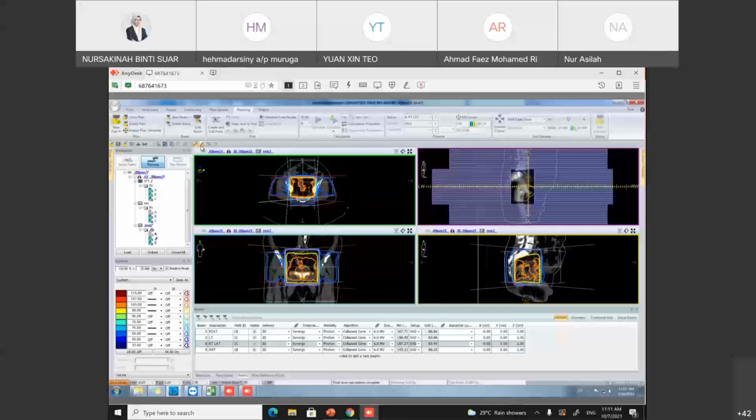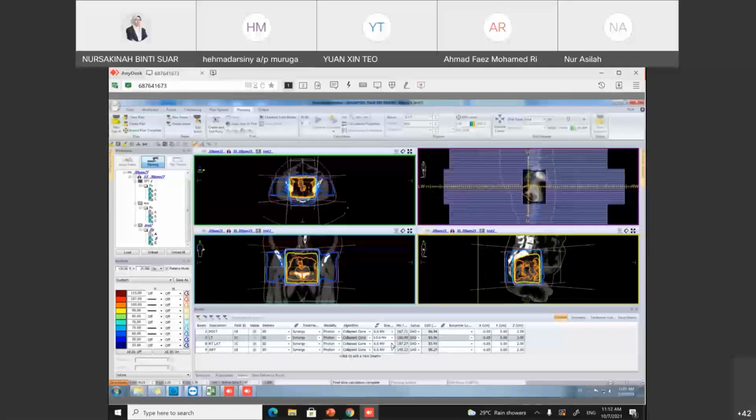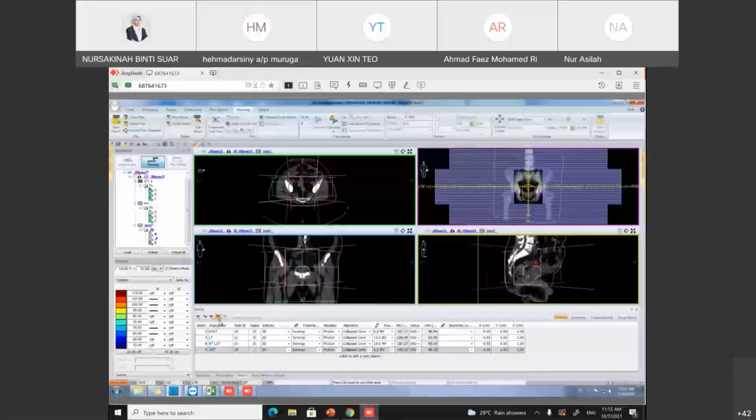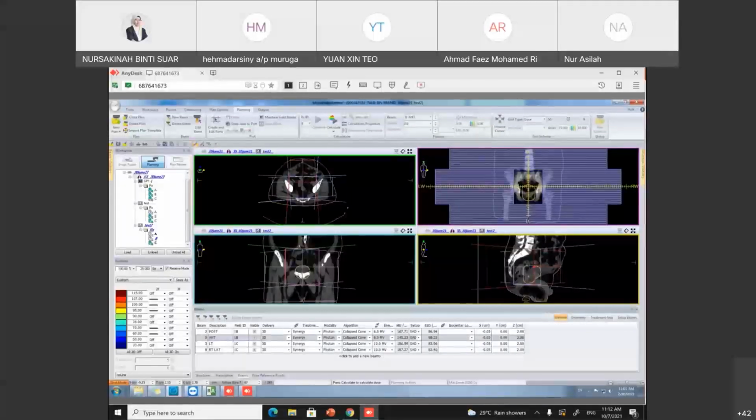It's definitely bigger than the anterior posterior separation. So let's see, when I change the lateral beam to 10 MV, my 60% will go off. Now my beam is anterior posterior 6 MV and lateral beam 10 MV. Let's calculate.